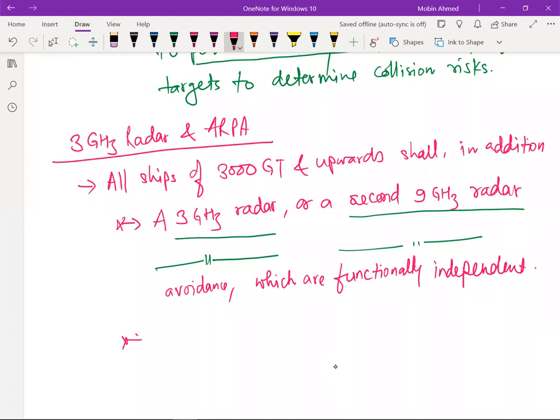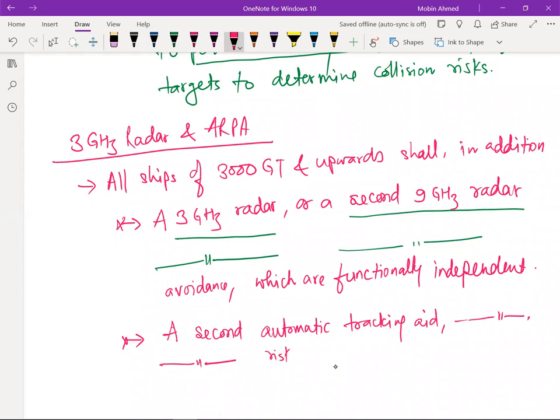Now the second regulation says that a second automatic tracking aid or other means, that is the same again, to plot automatically the range and bearing of other targets to determine collision risk.